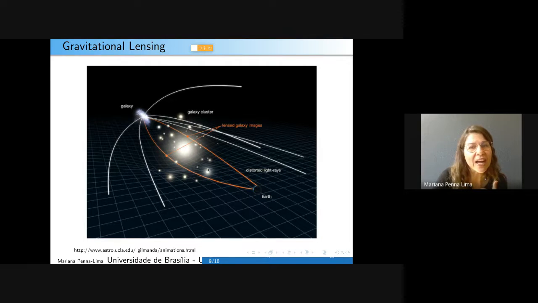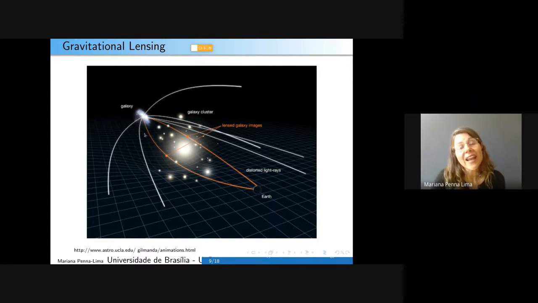We have here galaxy clusters that will work as a lens, because between the observer and the background we have this galaxy, and here we are trying to observe this galaxy.